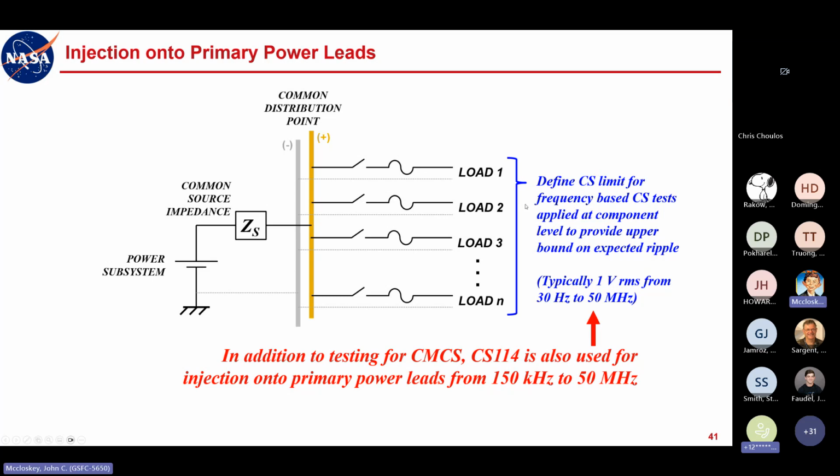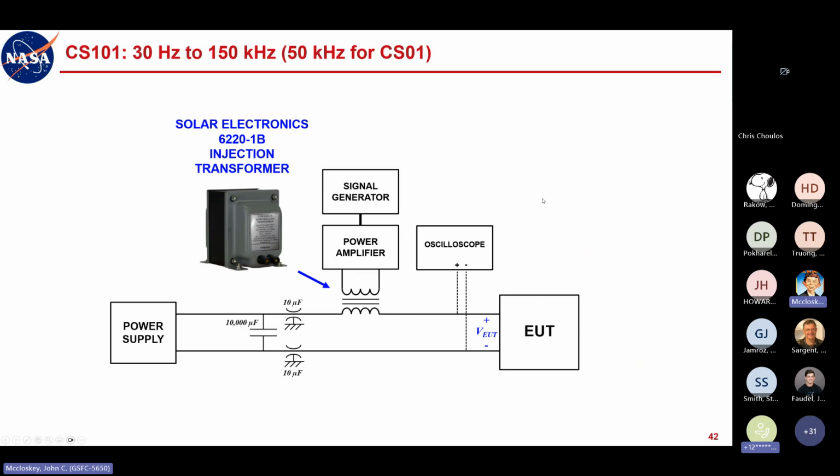But in addition to testing for common mode conducted susceptibility, CS114 is also used for primary power lead injection from 150 kilohertz to 50 megahertz. By comparison, the CS101 method uses the injection transformer that is physically connected in series with the power feed.